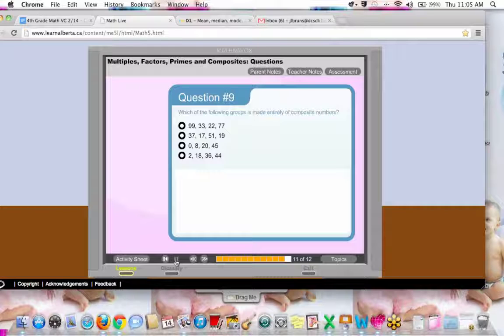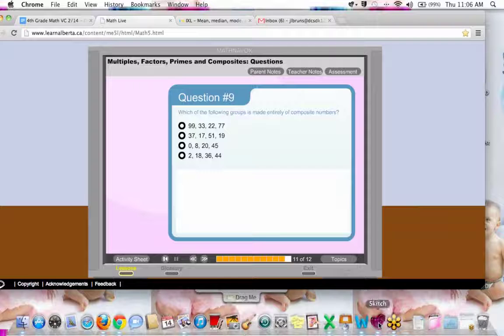Take your time. So composite numbers have 3 or more factors. Well, it's asking us which group is made entirely of composite numbers.